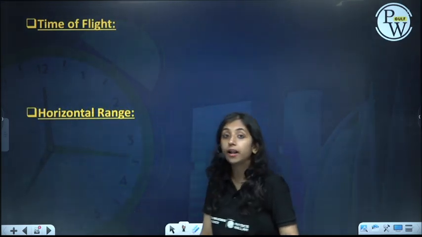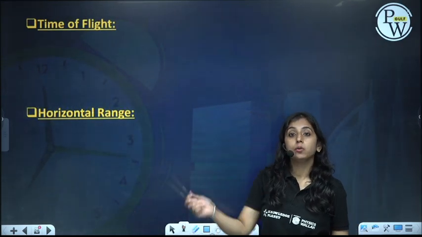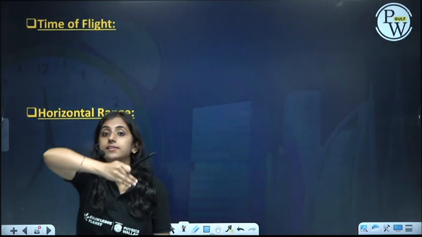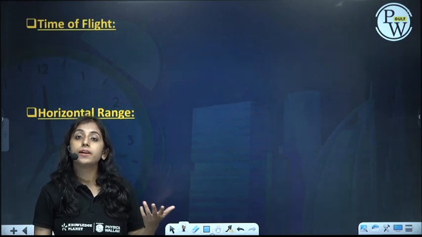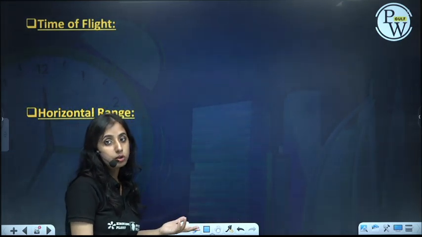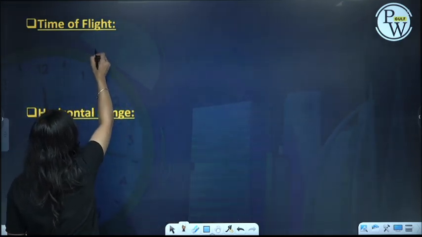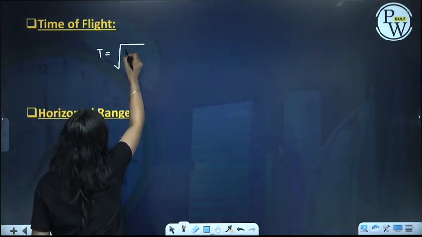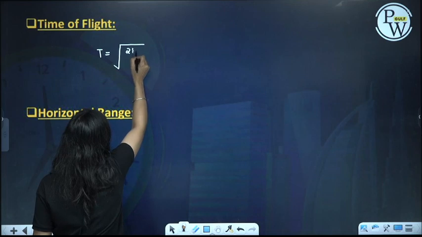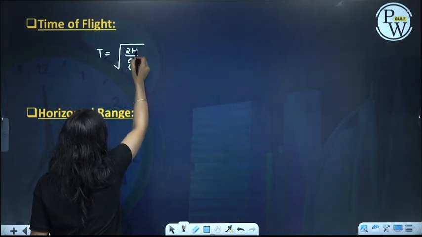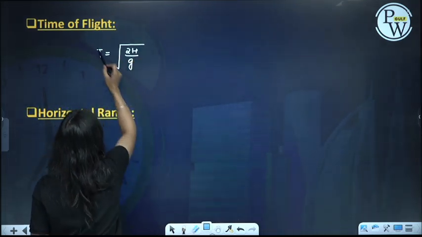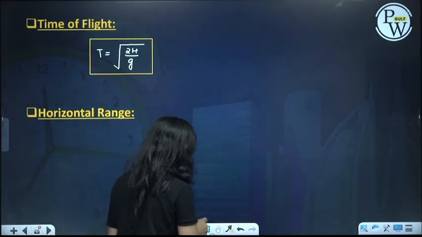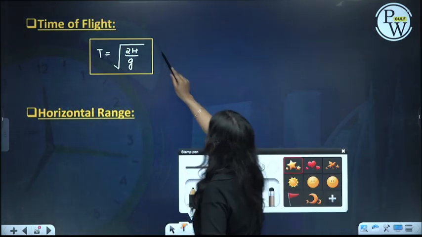Now time of flight. How much displacement has the particle done? From height h it has come to 0, so displacement in y will be minus h. We get the time of flight as under root of 2h by g.